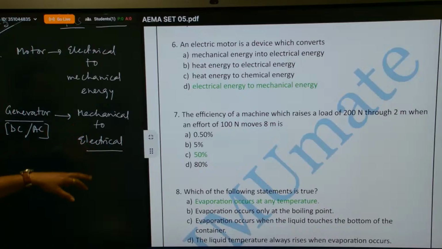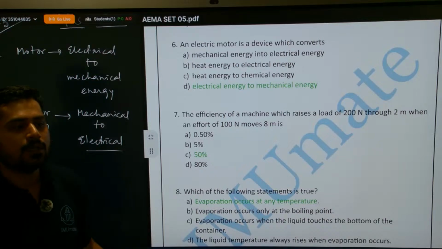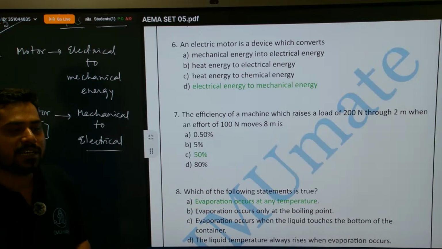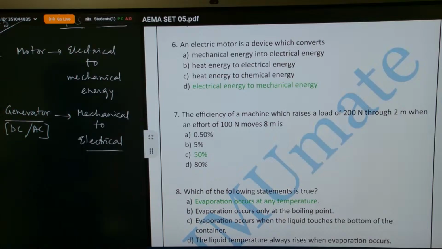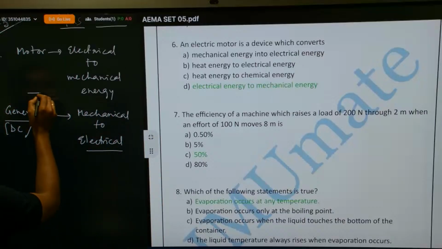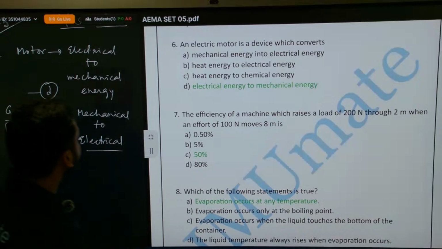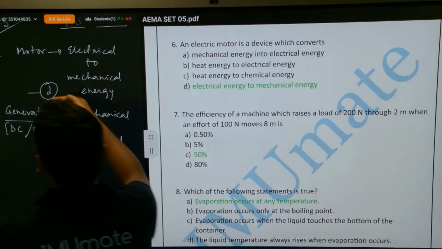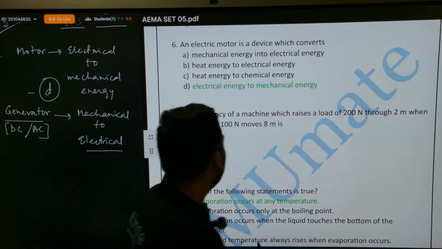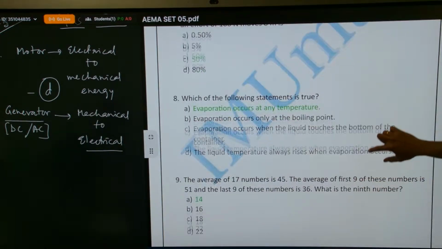Whatever it is, it will convert mechanical to electrical energy. Everything around us is running on electricity, and that electricity is actually coming from some generator revolving in a magnetic field, converting mechanical to electrical energy. So the option is D. Let me write it carefully. Option D. Now, let's look at the next question.